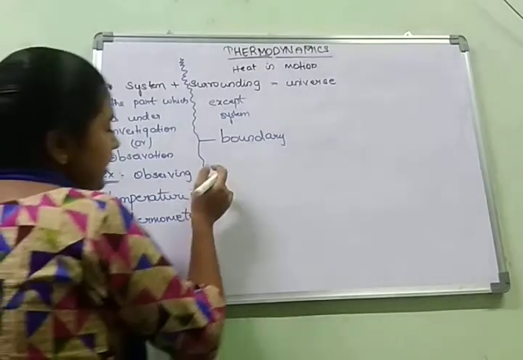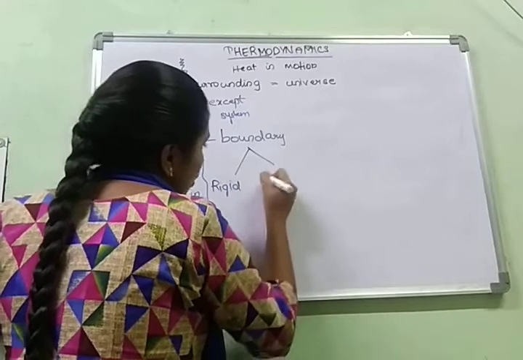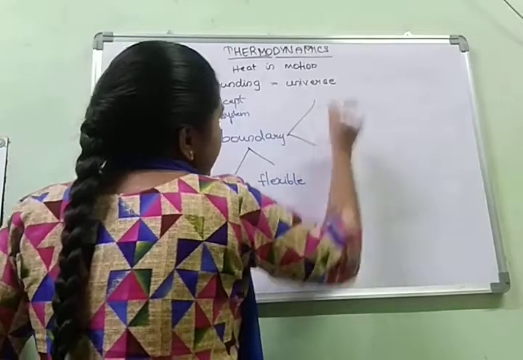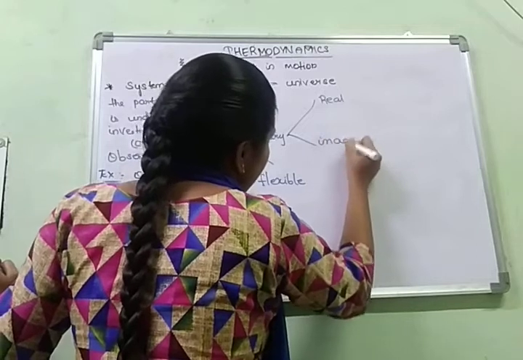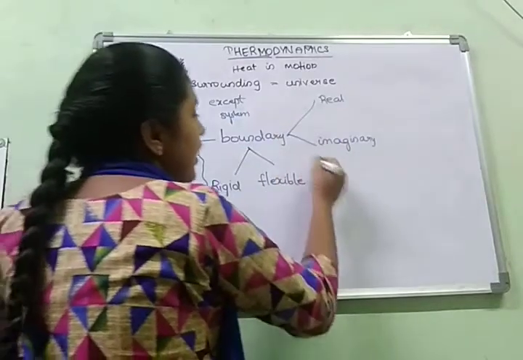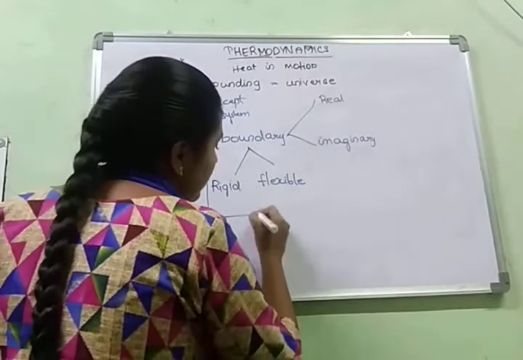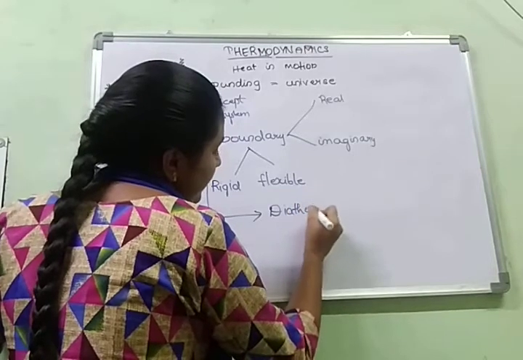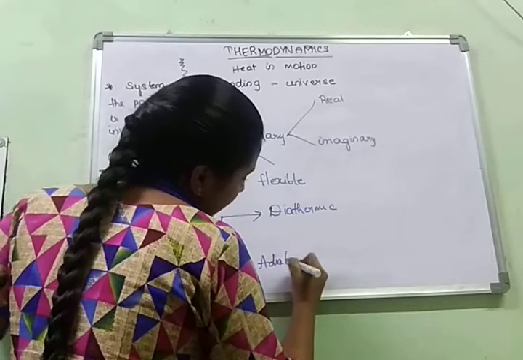In boundary there are types. It may be rigid or flexible, or it can be real or imaginary, or else it can be based on diathermic or adiabatic.